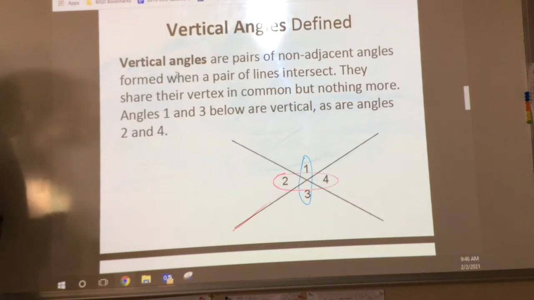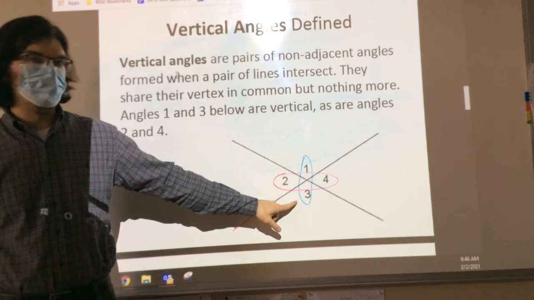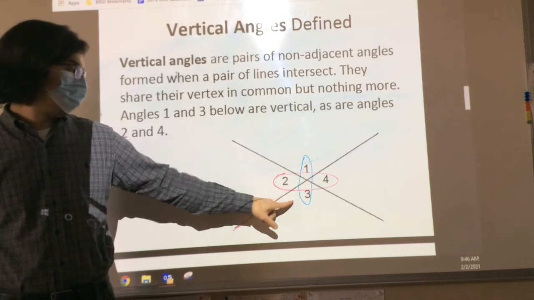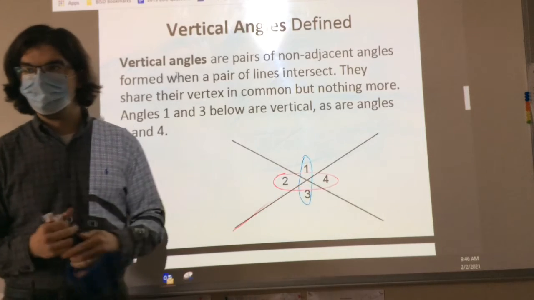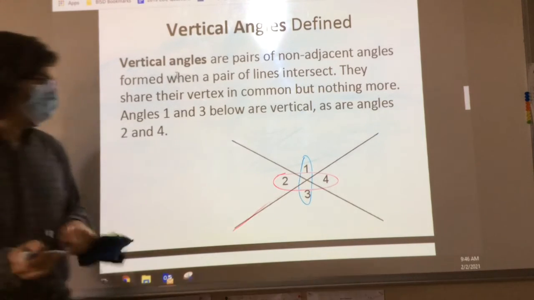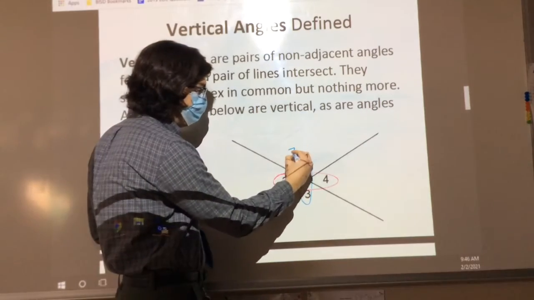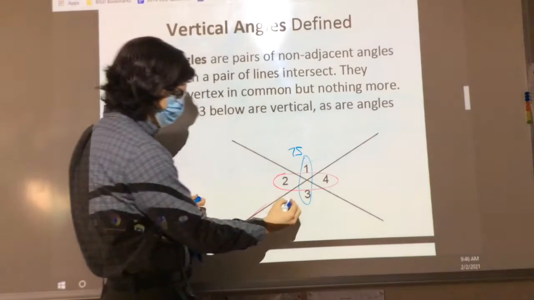Now here's the crazy part about vertical angles. They equal each other. So whatever 1 equals, 3 equals the same thing. Whatever 2 equals, 4 equals the same thing. So for instance, if I were to tell you that 1 is equal to 75, what does 3 have to equal? 75.